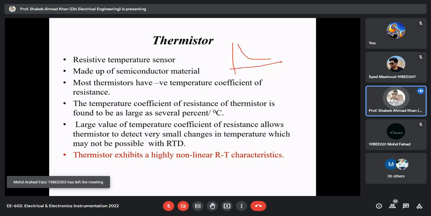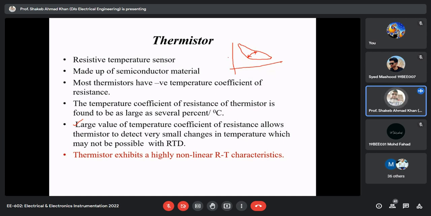If you approximate it by a straight line, you can see the deviation is very high, and it will give a large error, so this is not a favorable thing. That's why, as I told you in the second last point, it is not used for large ranges, it is used for small ranges.